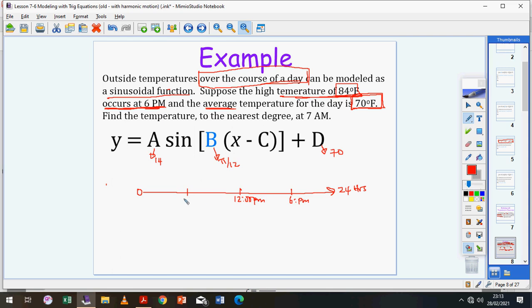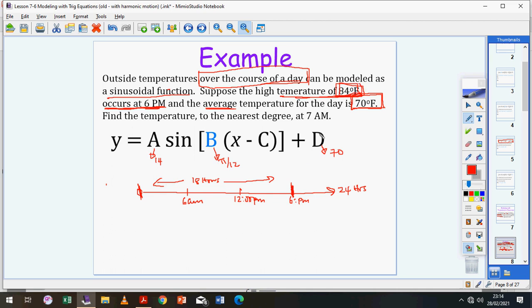This is 6 a.m. So for 6 p.m., just figure out how many hours away from the beginning it is. 6 p.m. is a whole 18 hours away from when the day started. So after 18 hours, that's when the high temperature happens, right?